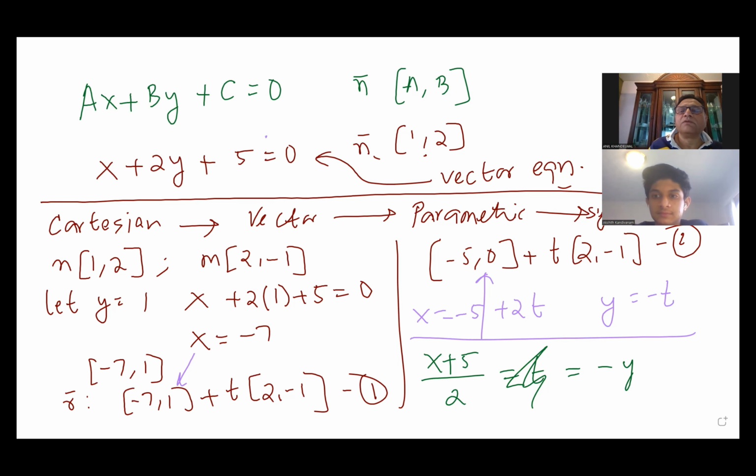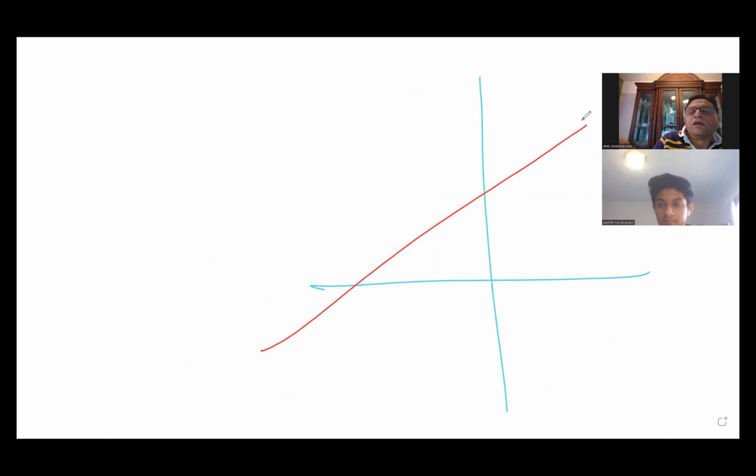Perfect. Let me give you one very important formula, which will help you find this. Now we know this line, right? Let's say we have written this line. Let's look into this line a bit more.